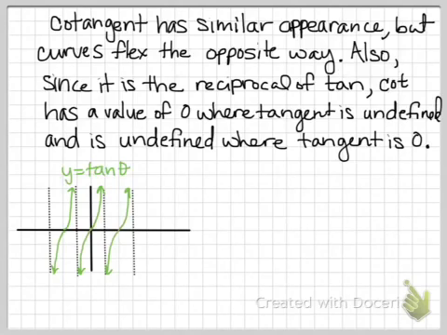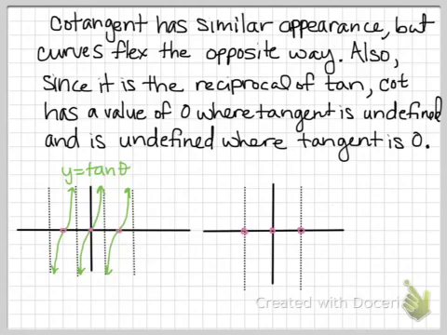So here's your graph of tangent theta. Your graph of cotangent theta is going to be a little bit opposite. Notice the zeros. These points here mark where our asymptotes are, and our asymptotes are going to mark where our zeros are.